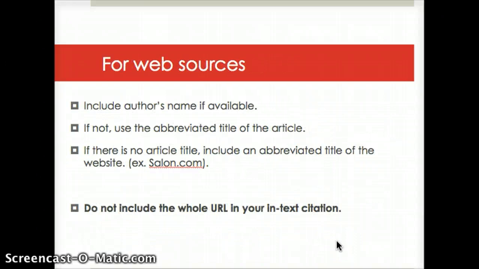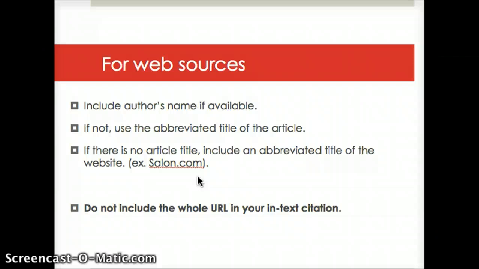If you're citing from web sources, use an author's name if available. If not, use an abbreviation of the title of the article or of the website itself. So salon.com is the website. Usually you would find a specific article within that, so you could use the article title before you use just the website name.